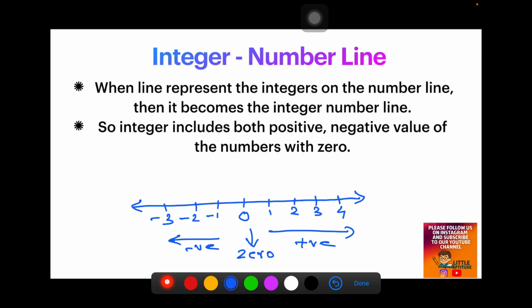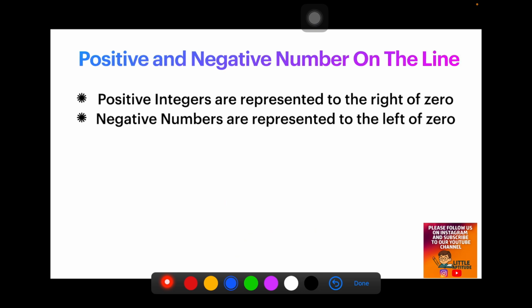Next is also very important: positive and negative numbers on the number line. So remember this point, it's a very important concept. Positive integers are always represented to the right of the 0. Second point, negative integers are represented to the left of the 0. How is it?